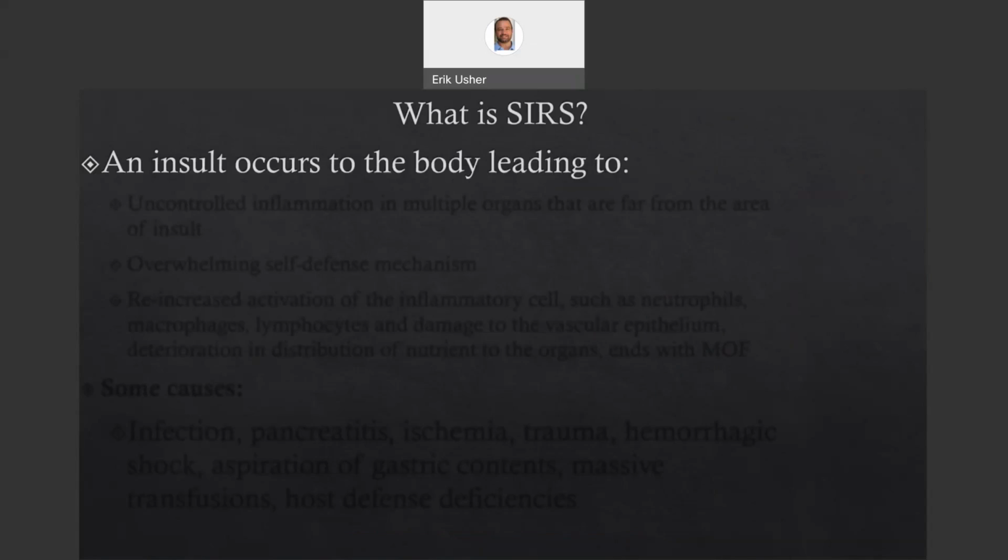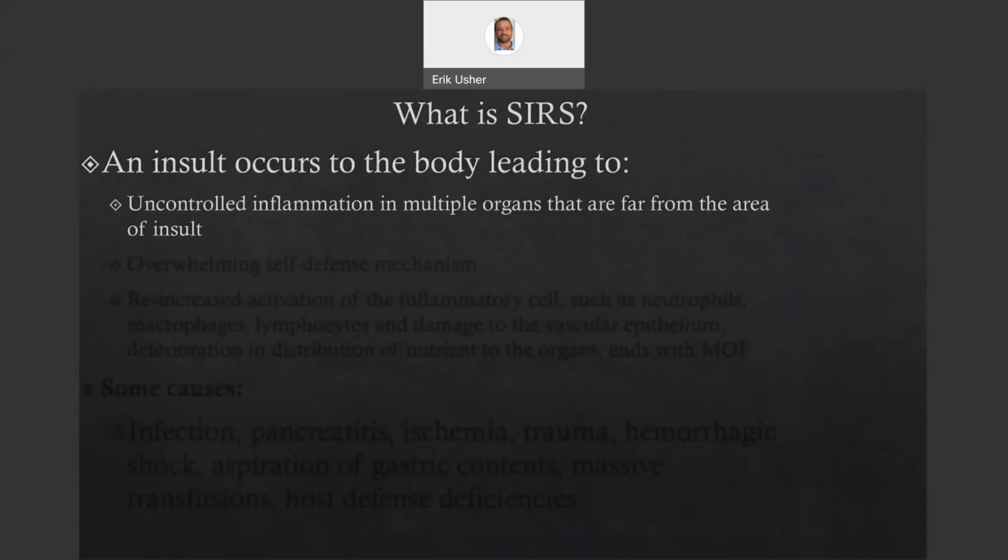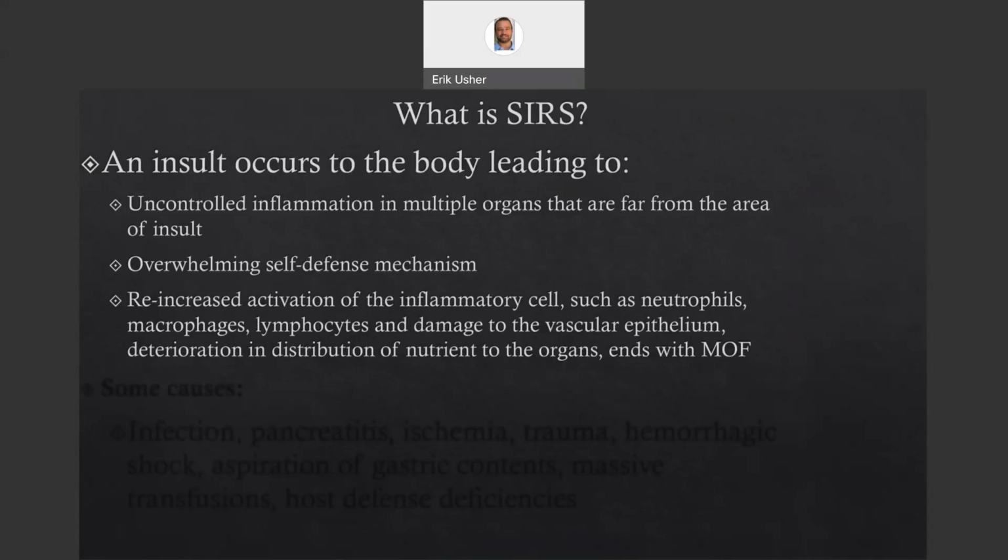So you get this insult that occurs to the body, and that leads to this uncontrolled inflammation in multiple organs that are far from the area of insult. So it's an overwhelming self-defense mechanism. Increased activation of the inflammatory cells, such as neutrophils, macrophages, lymphocytes, and damage to vascular epithelium, deterioration in the distribution of nutrients to the organs, and that's what ends in multi-organ failure.